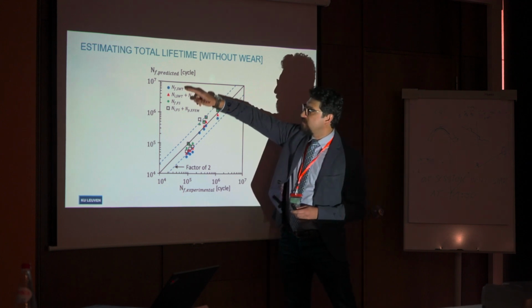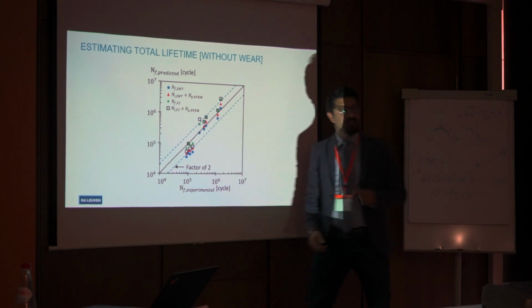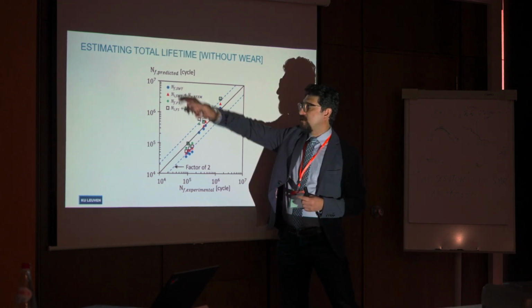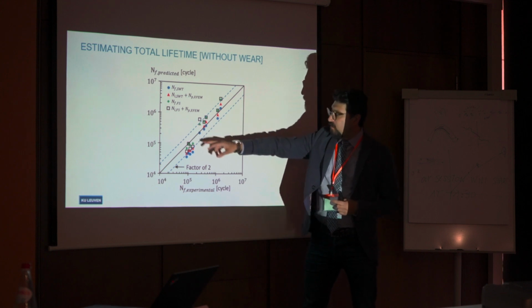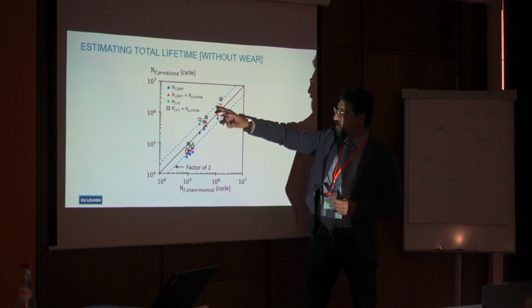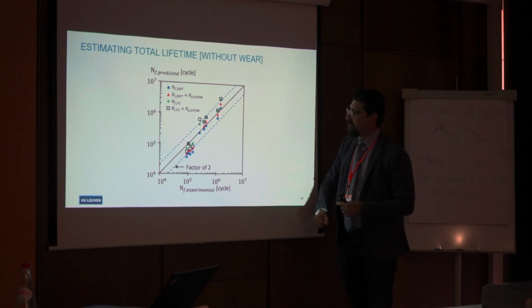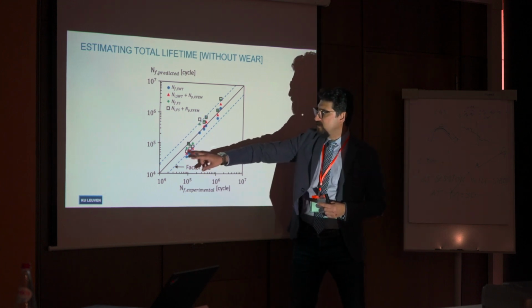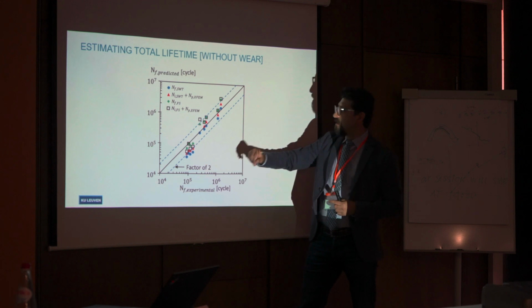We tried two criteria. The multi-axial criterion, without any separation of crack initiation and crack propagation, is a direct calculation, and the results are almost within plus or minus 2 times of the experimental data, but some of them, for example the stability parameter, underestimate the data.